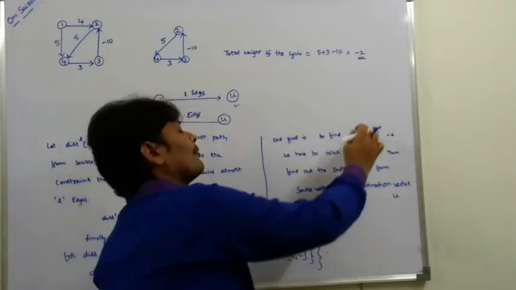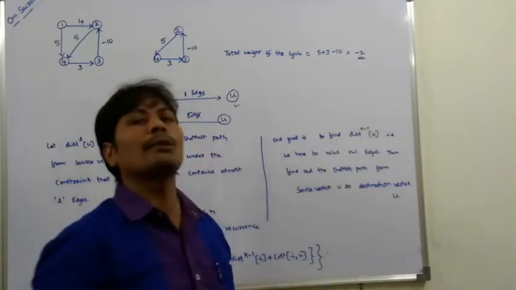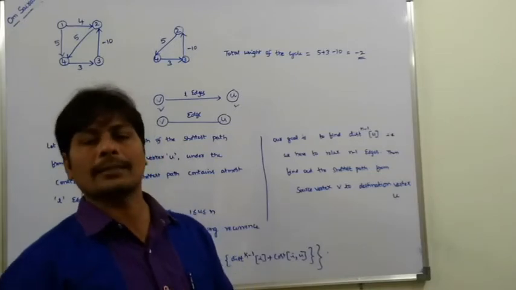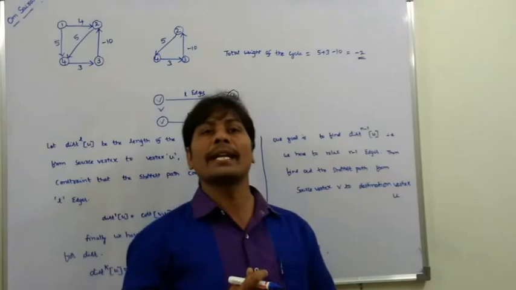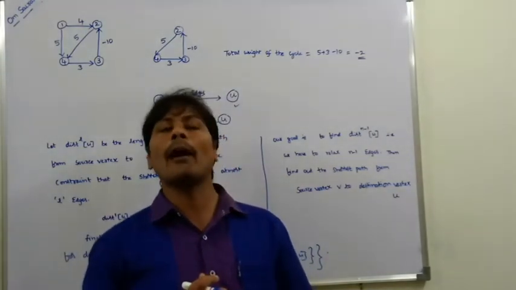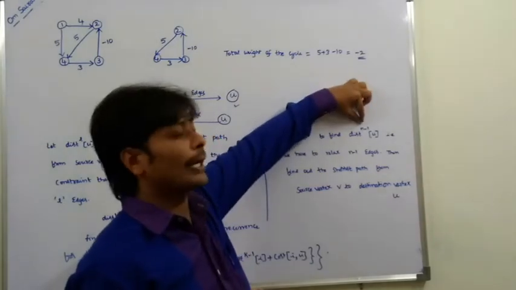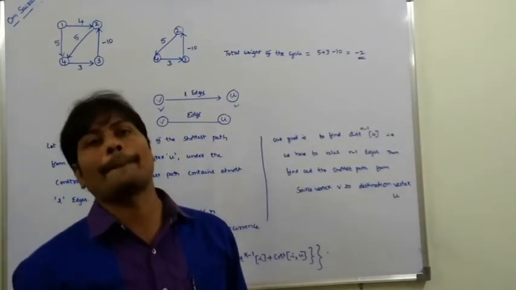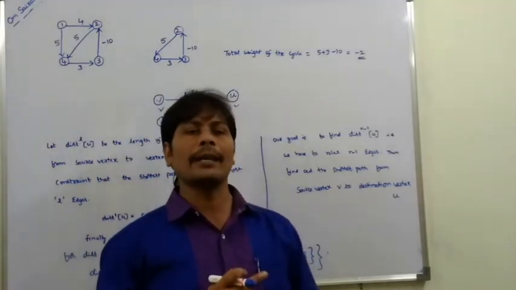So why do we use n minus 1 here? Here we have to relax all the edges in the given graph n minus 1 times. E is the number of edges in the given graph.